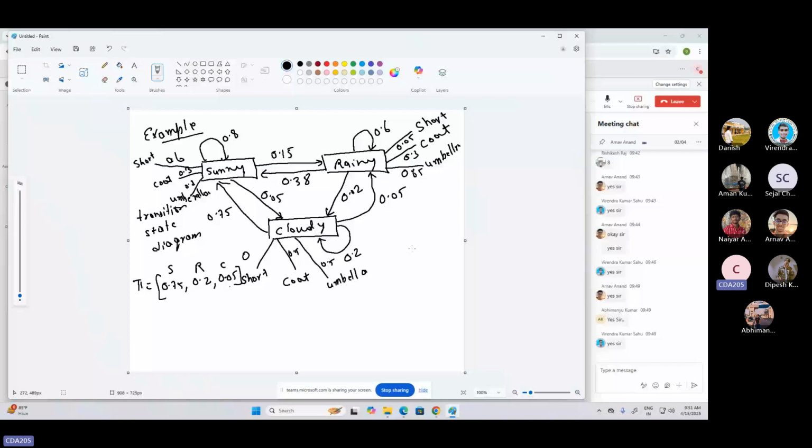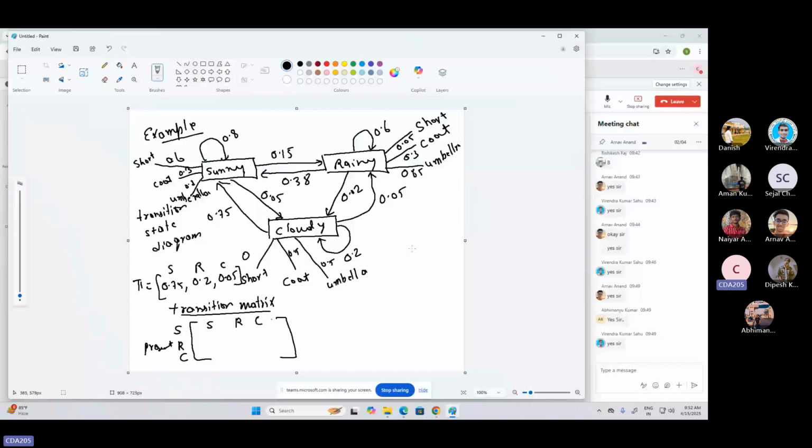Now, can anyone make the transition matrix? कोई बना सकता है transition matrix? देखो transition matrix कैसे बनेगा. ये हो गया Sunny Rainy Cloudy, Sunny Rainy Cloudy. ये हो गया present और ये हो गया future.